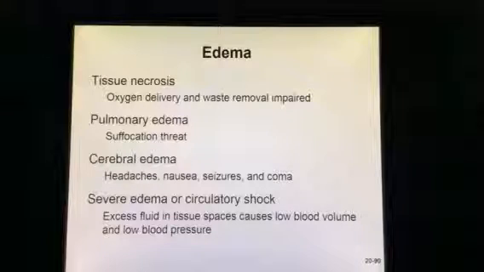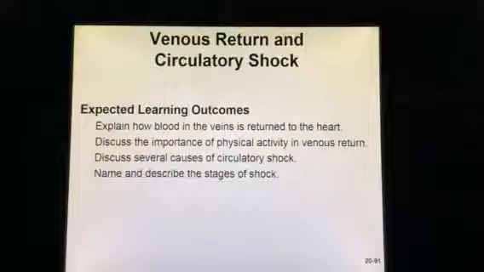A severe edema is where so much fluid in the tissue space causes low blood volume or low blood pressure. If there is not enough blood volume going through, then of course we have a severe case. I'm going to save this for the next video.